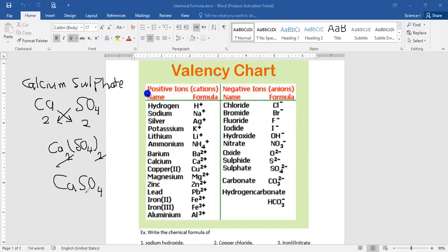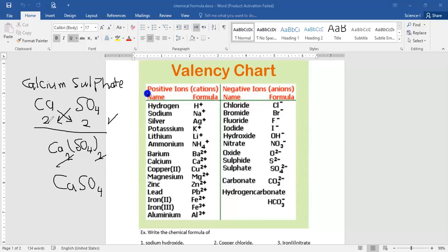Again, once we switch, what happened? Calcium is supposed to have subscript 2, yes? And SO4 as a package, it's just one thing. We call this a radical, a package, and we treat it as one atom. So SO4 also will have a subscript 2.